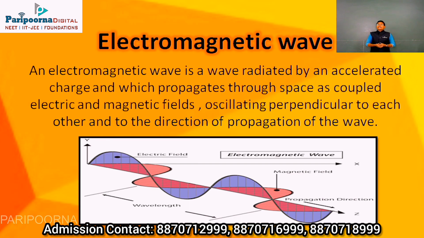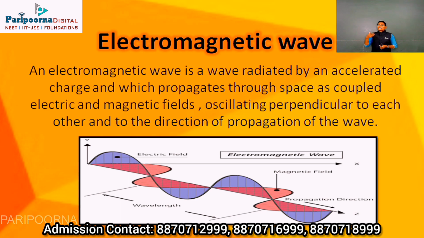So, here comes the electromagnetic wave. This is the main topic of today's session. An electromagnetic wave is a wave which is radiated by an accelerated charge, that is, an oscillating charge, which means a charge which is moving.